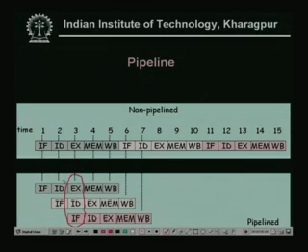The first instruction is in execution, the second instruction is in instruction decode, whereas the third instruction is in instruction fetch. Similarly, at the fourth time step also there is an overlapping of 3 stages.